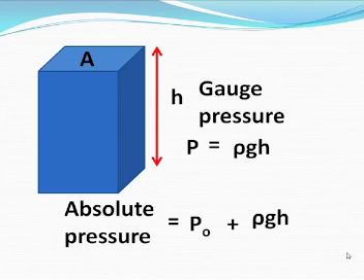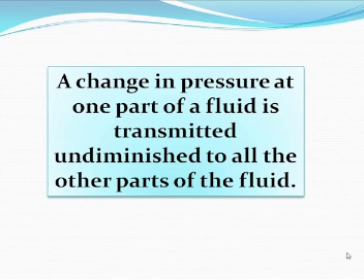Because sometimes there's something else on top providing an additional pressure on that column of water. And if so, you have to add that in. And it's often the atmospheric pressure that you add on. So the gauge pressure is rho g h, and that factor's added when you have something else.